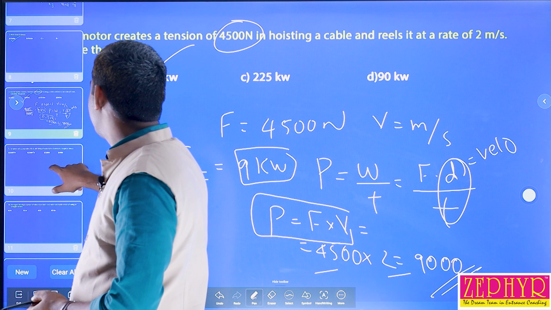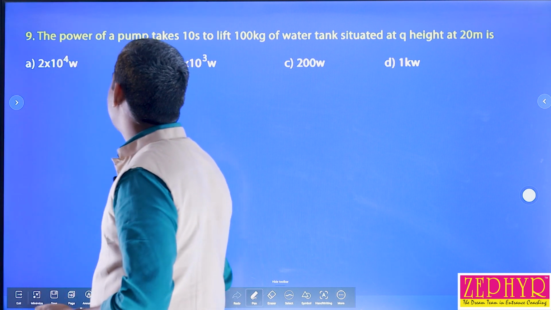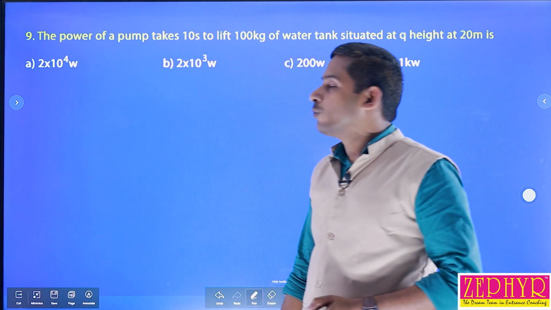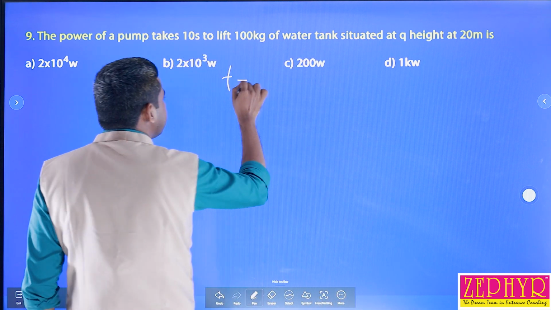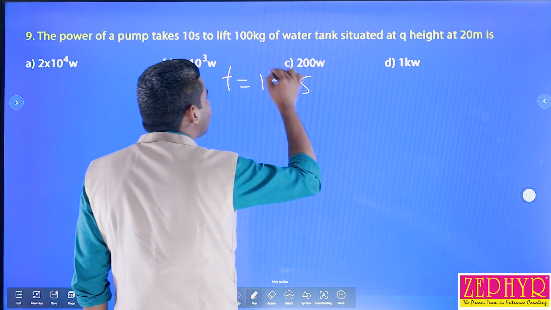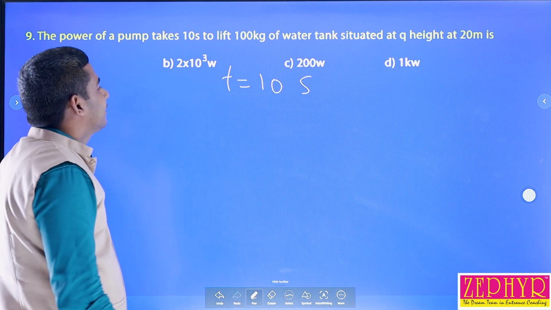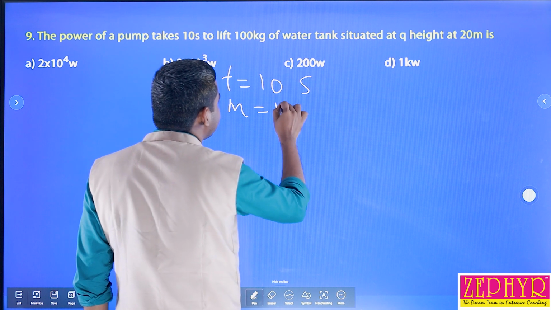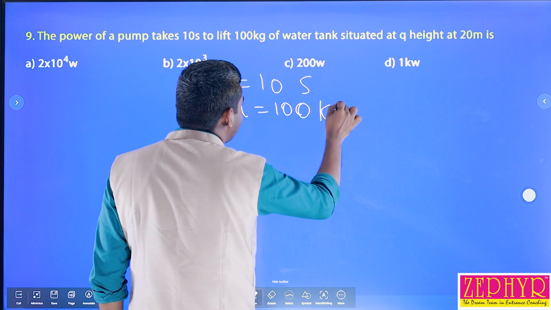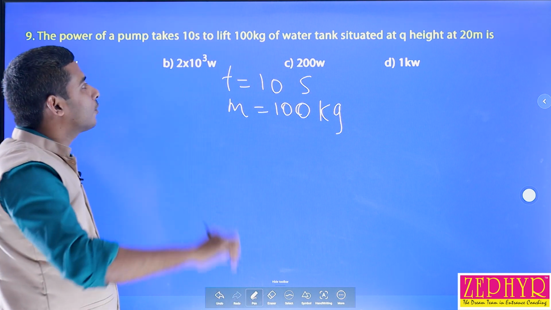Okay. Question number 9. The power of a pump takes 10 seconds. So, students, time t equal to 10 seconds. Then mass equal to 100 kilogram. What is the mass? 100 kilogram.